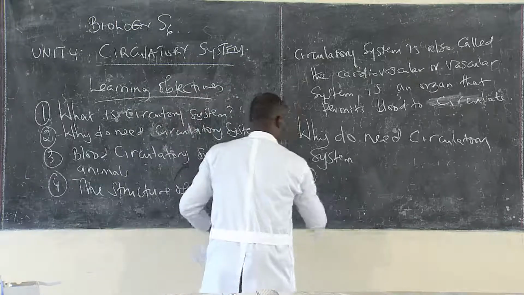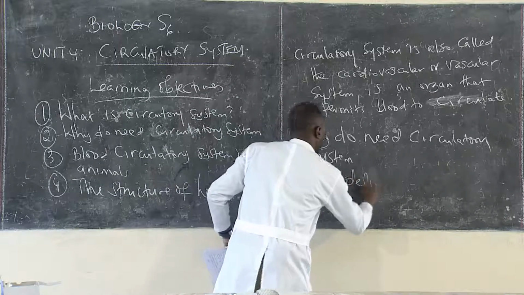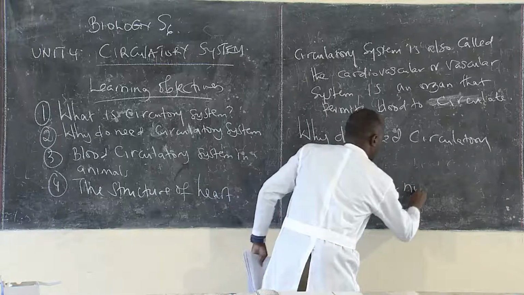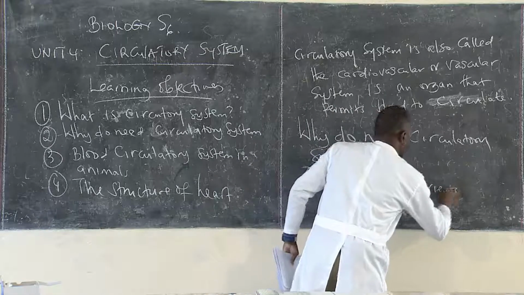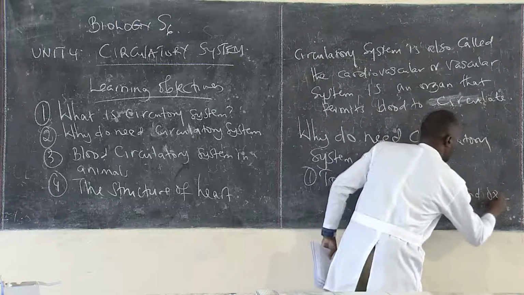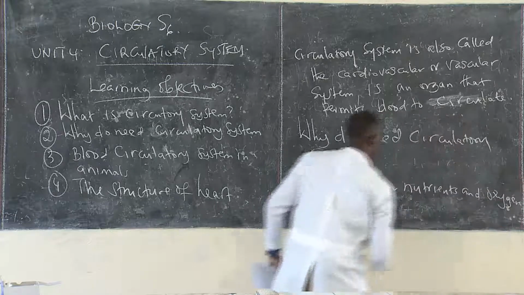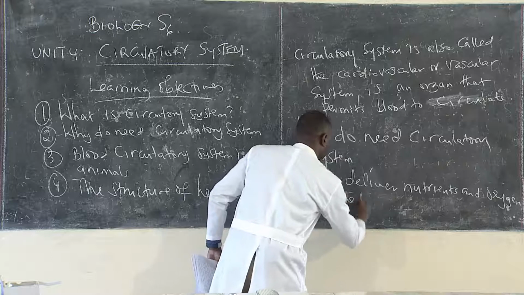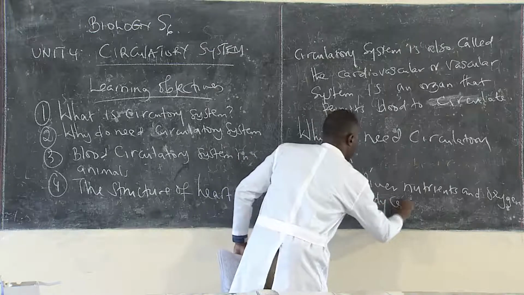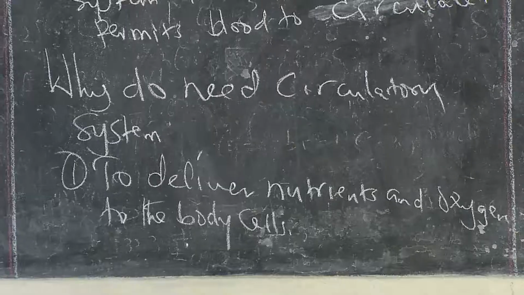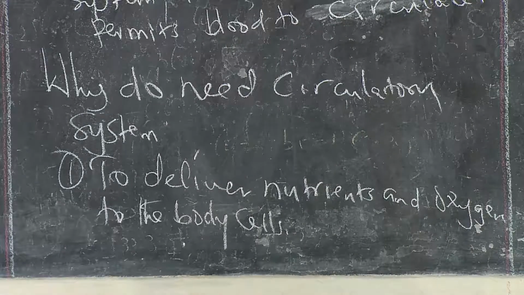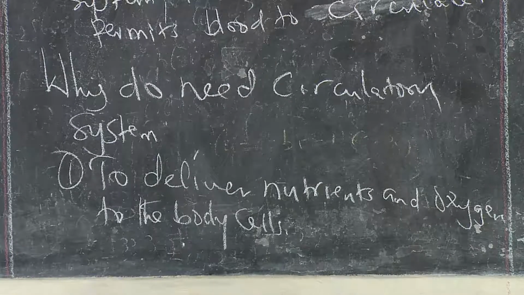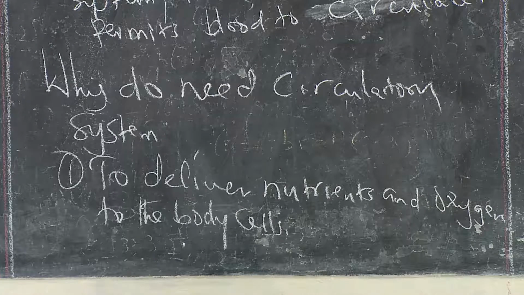Number one, to deliver nutrients and oxygen to the body cells. One of the tasks of a circulatory system is to deliver nutrients and oxygen to every cell. So the cell needs oxygen as well as nutrients for it to survive.